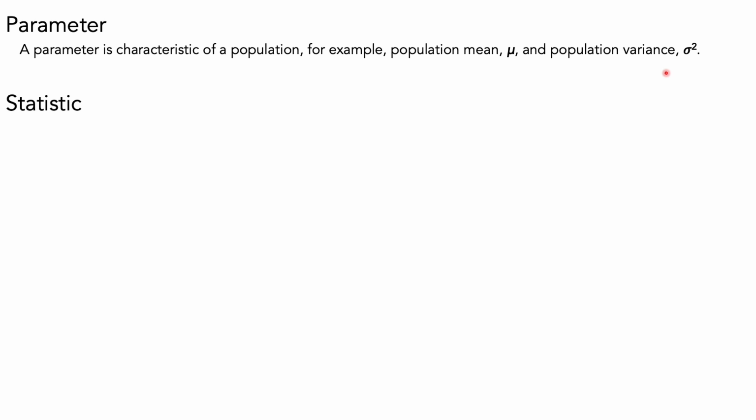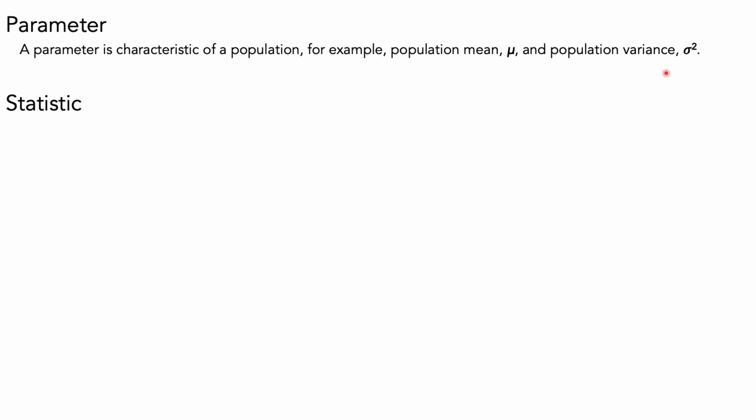Then there is statistic. Statistic here is different from the branch of science called statistics. A statistic is the characteristic of a sample. Just like a parameter is the characteristic of a population, a statistic is the characteristic of a sample.